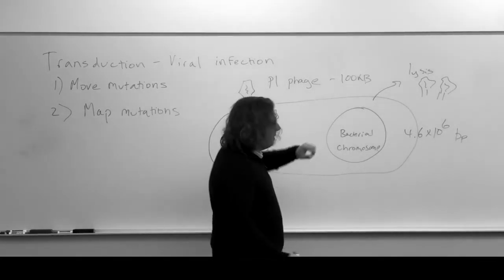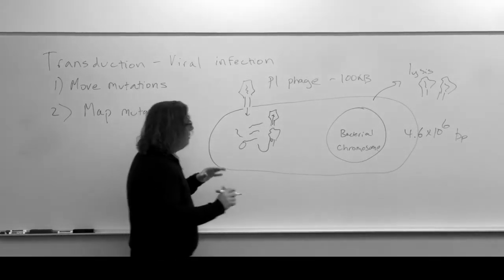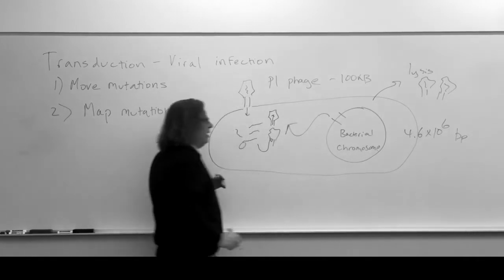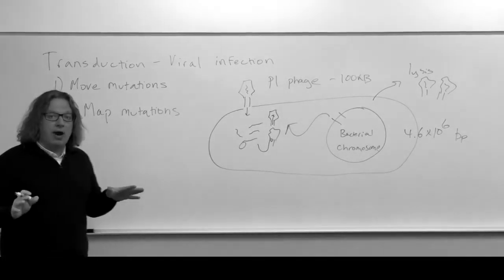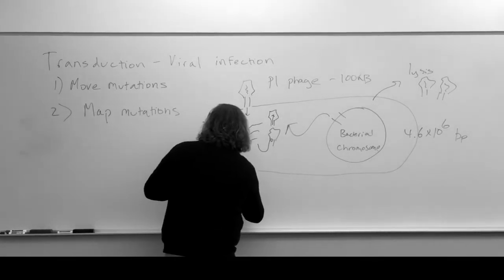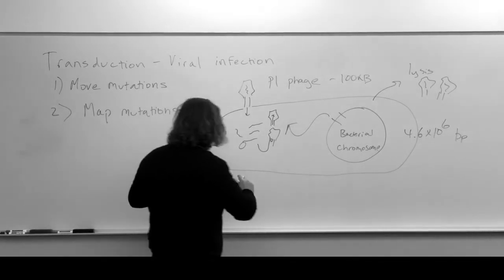It also is replicating, and every once in a while, a piece of this bacterial chromosome is actually packaged into a phage. So how often does this occur? Well, it occurs about 1 in 300 phage particles contain bacterial DNA.